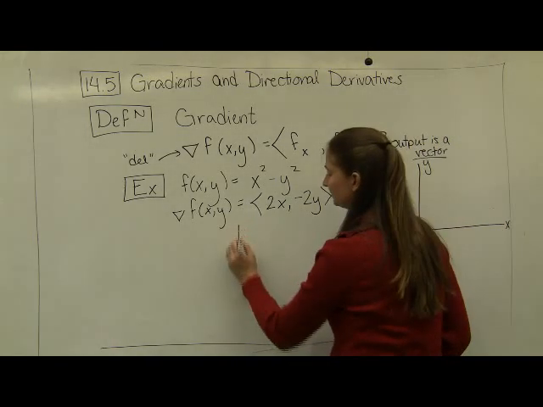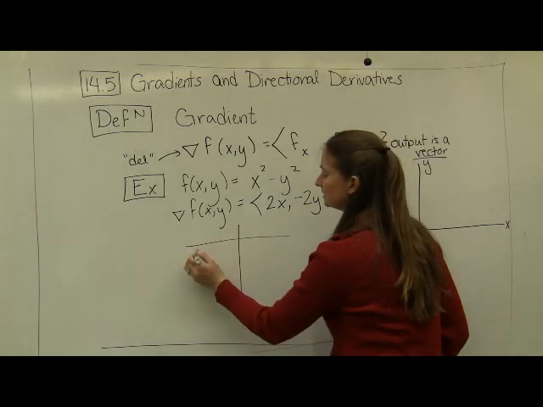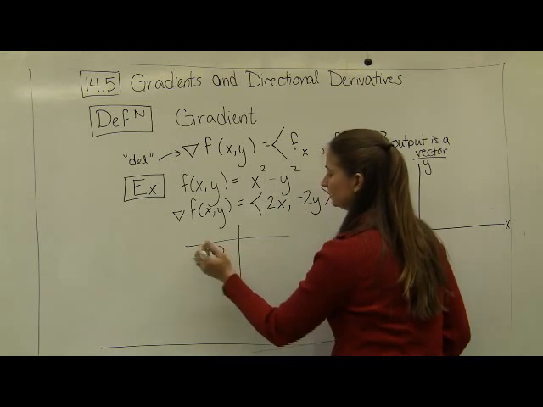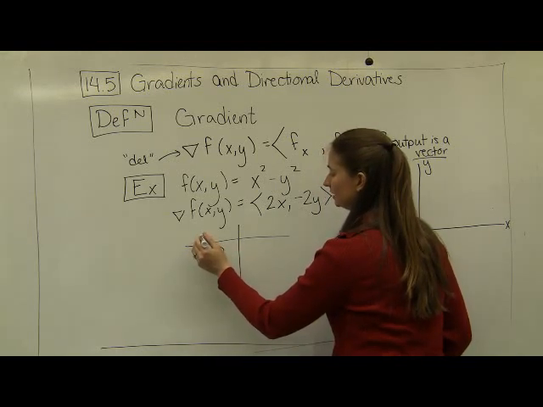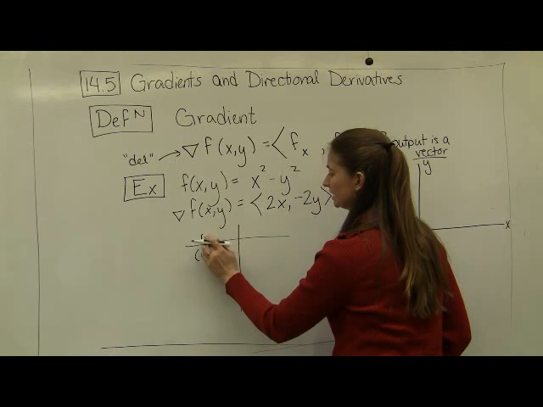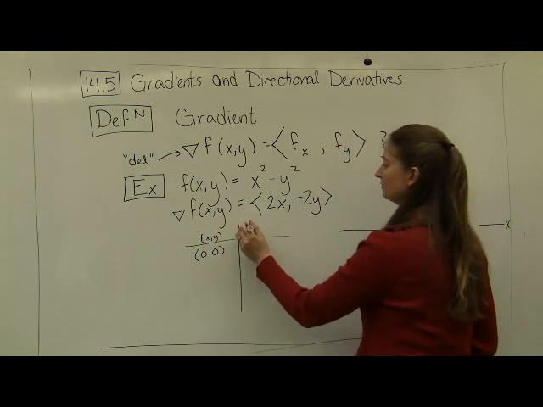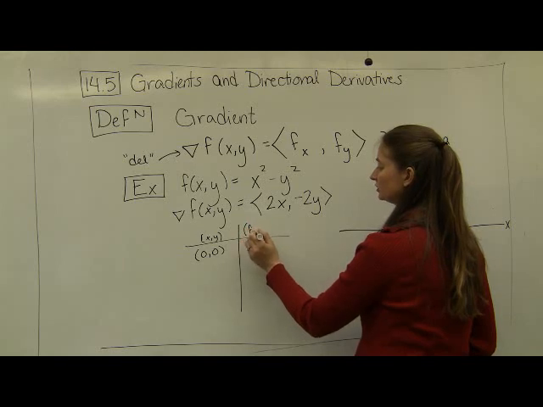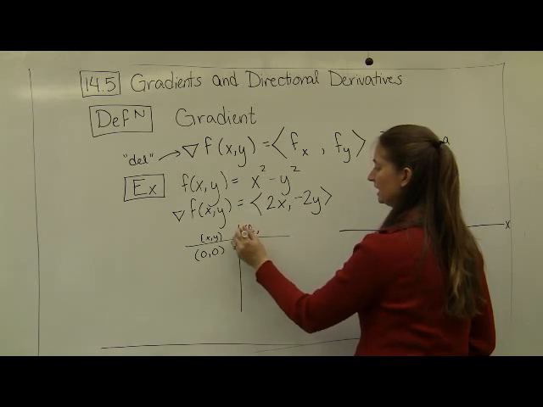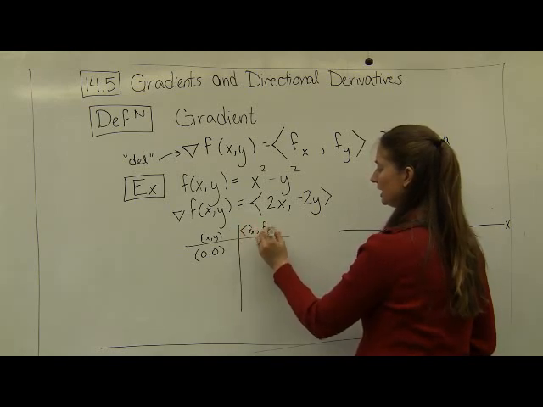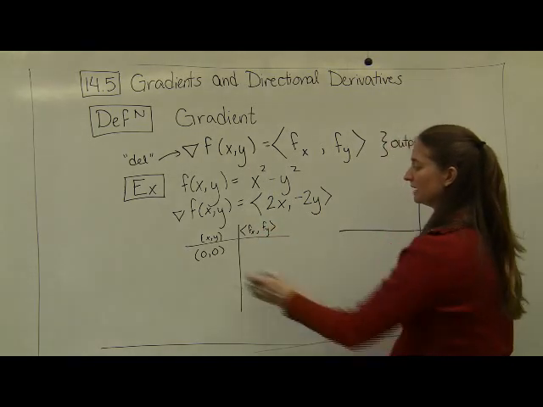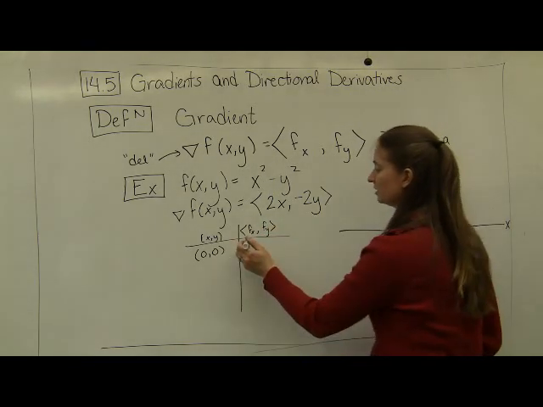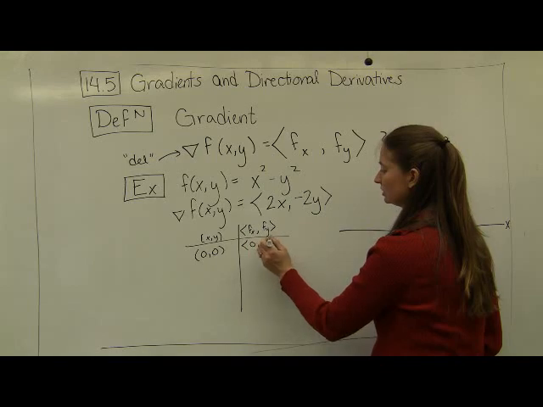So for example, x, y values are my inputs, and my outputs are my partial with respect to x and my partial with respect to y, which is a vector. So my input is the point 0, 0. My output is just the vector 0, 0.